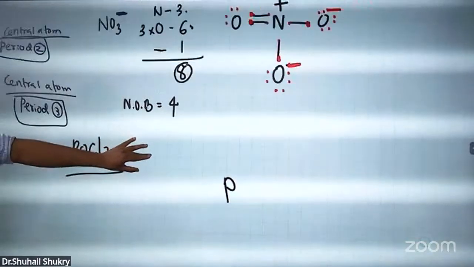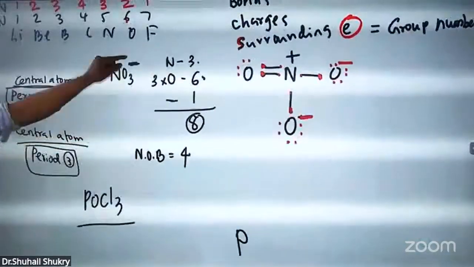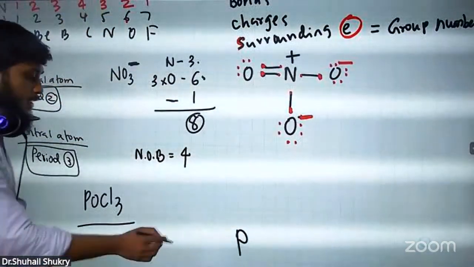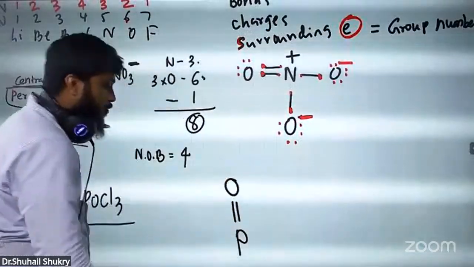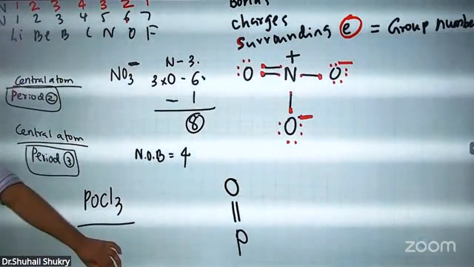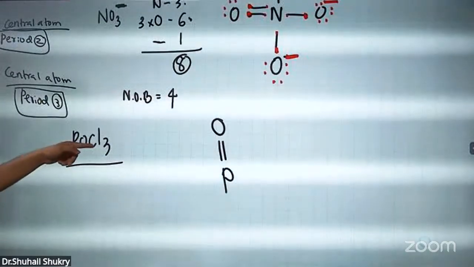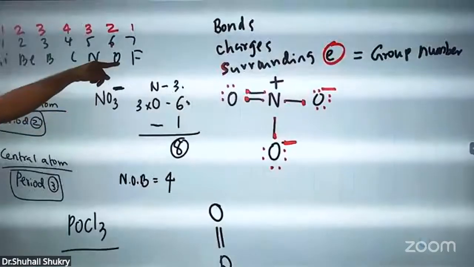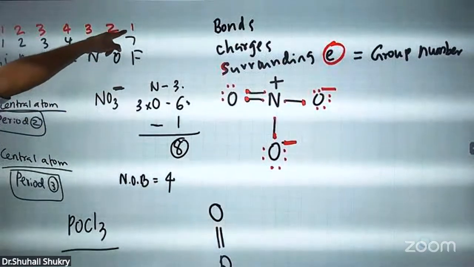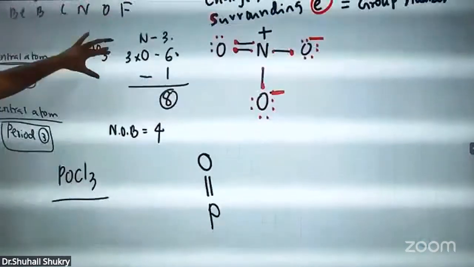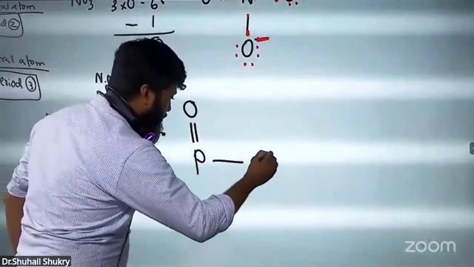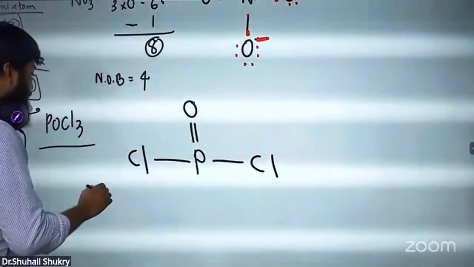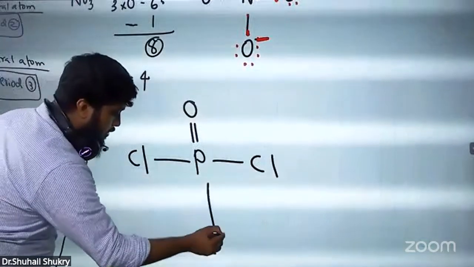This is very important. What is the valency of oxygen? Oxygen valency is 2, so I connect oxygen to phosphorus with 2 bonds. Chlorine's valency is 1, like fluorine. So chlorine connects with 1 bond, and 3 chlorines will get connected.